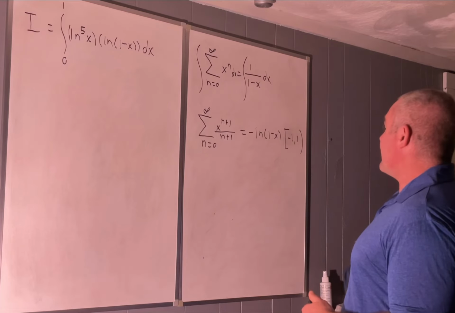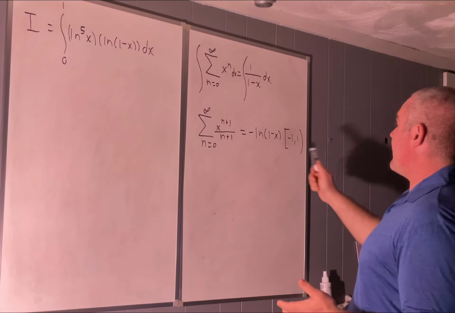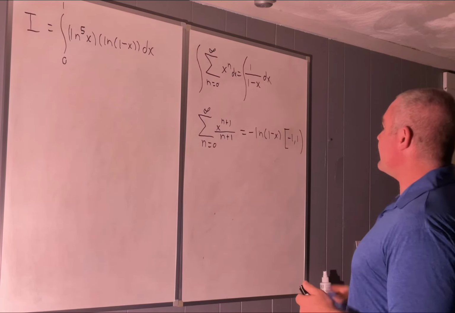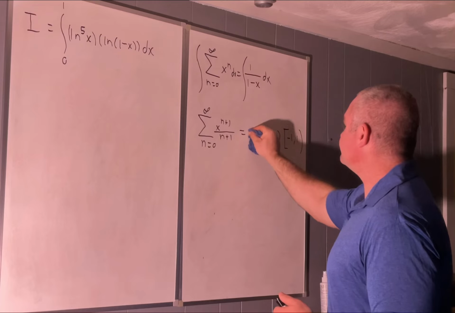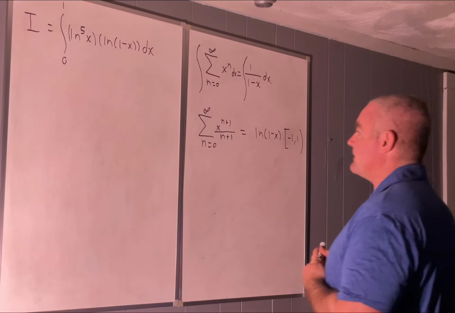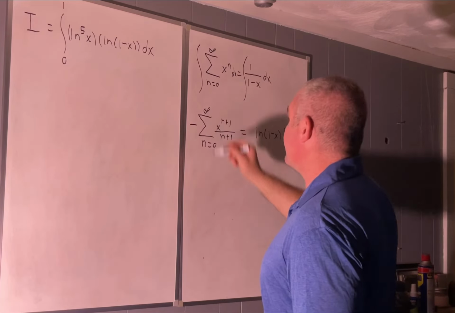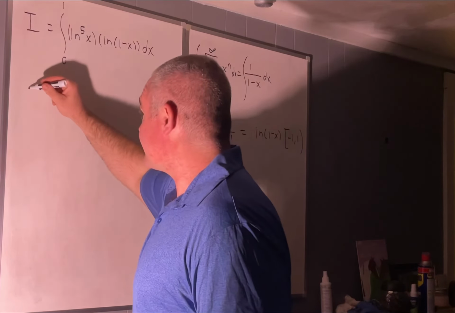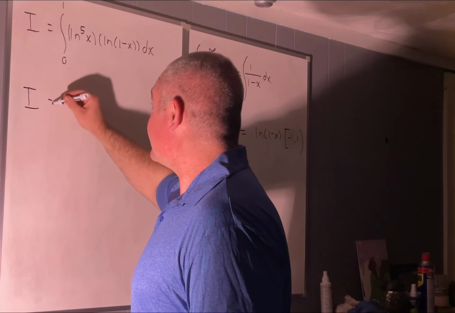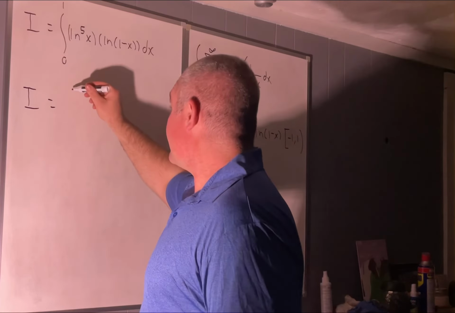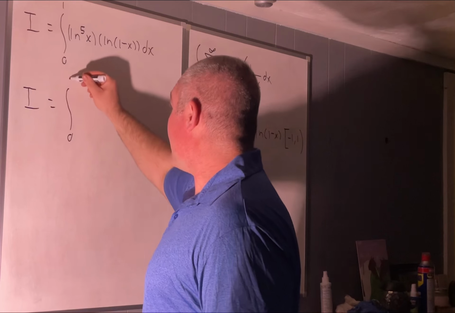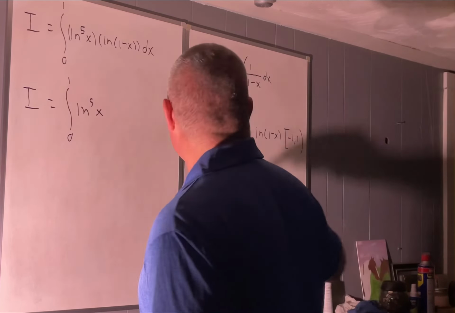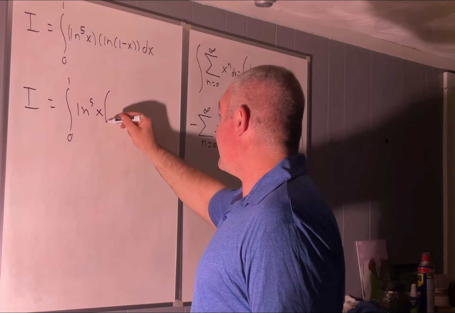All right, so now we've shown this. So let's rewrite it a little bit. We'll just bring that negative sign out there. So now we can rewrite our I. Let's rewrite it like this. That means that I is equal to the integral from 0 to 1 of the natural log to the 5th of x, and then we'll have this sum.